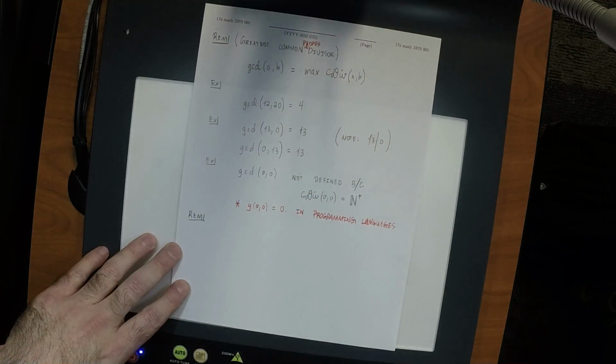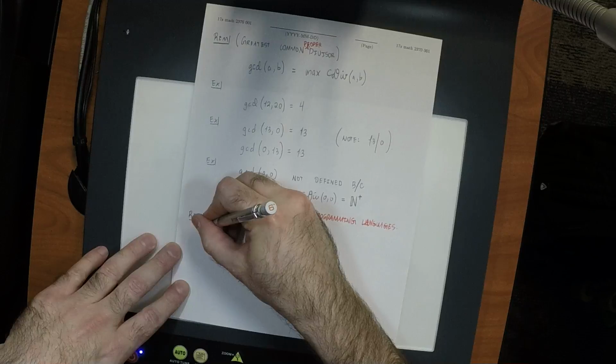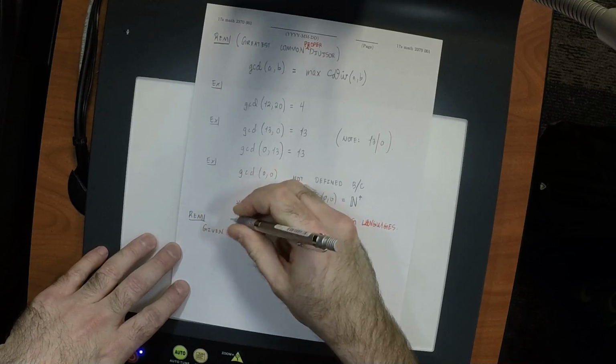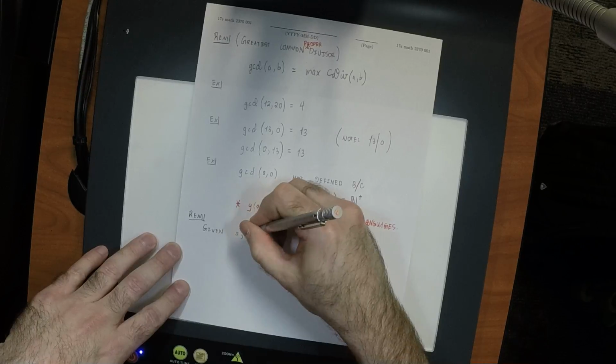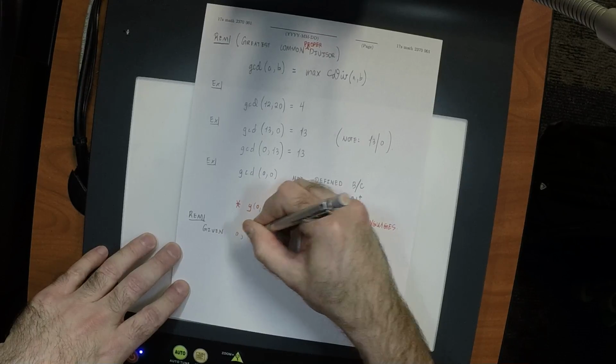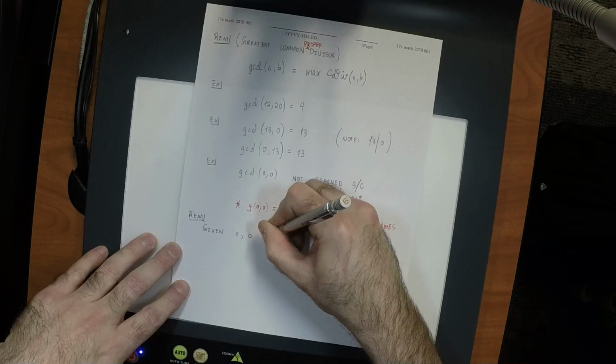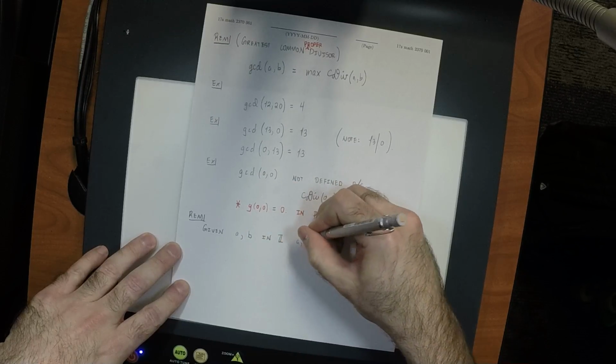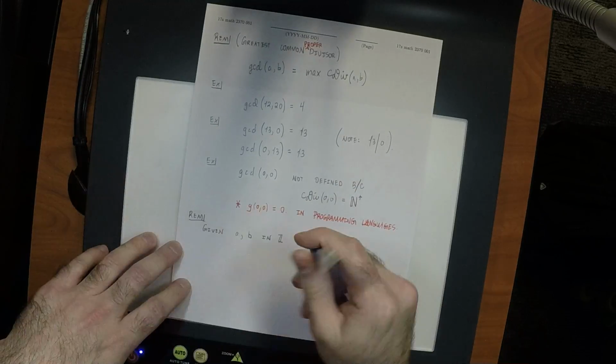So suppose that we are given A and B in the integers. A is greater or equal to 0.